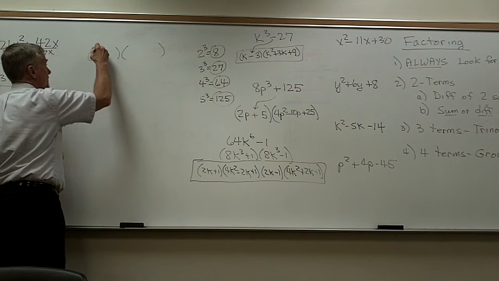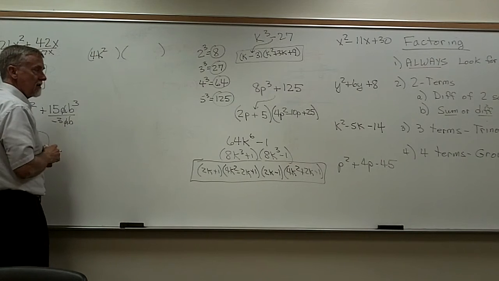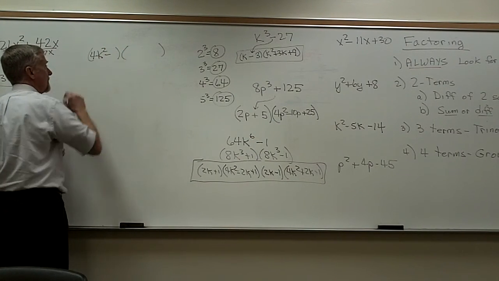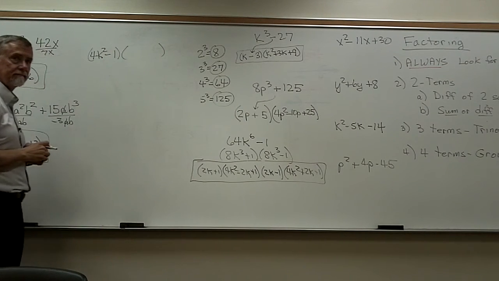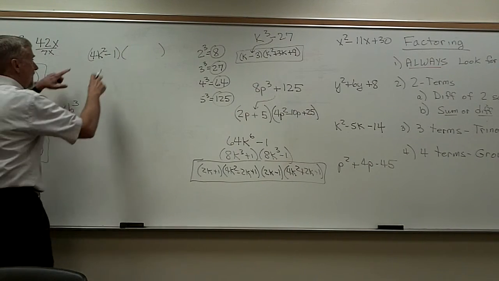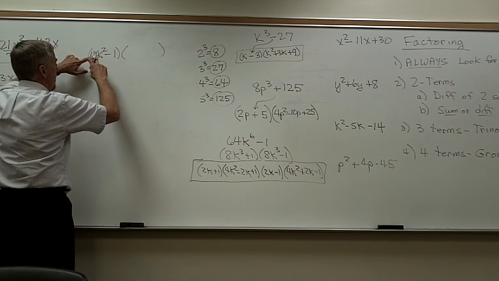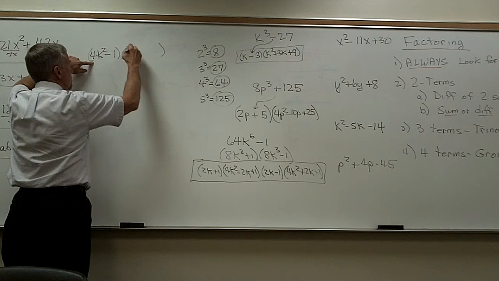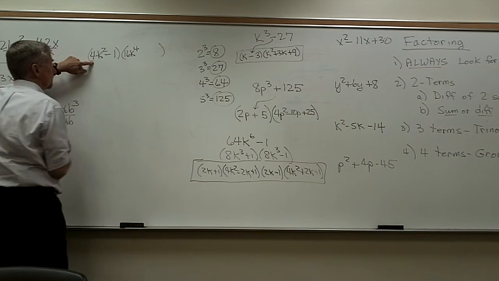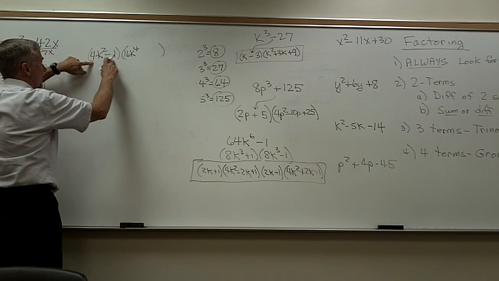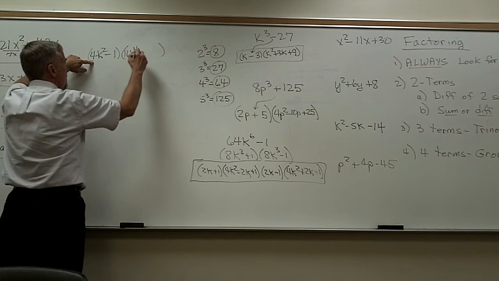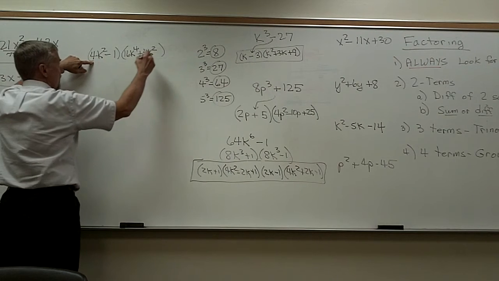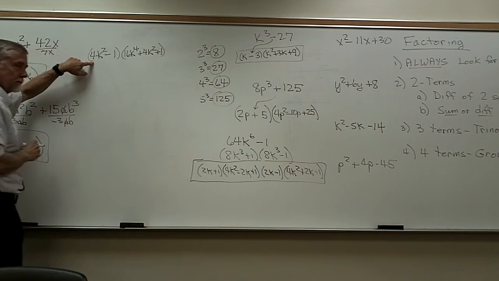K squared. So we start with a 4k squared here. Then the sign's going to be the same. That's going to be a minus, and I've got a 1. And then I build the second one by squaring the first. So 4 squared is 16k to the 4th. Multiply the two together. Change the sign, so that's plus 4k squared, and then square the second one to get plus 1.